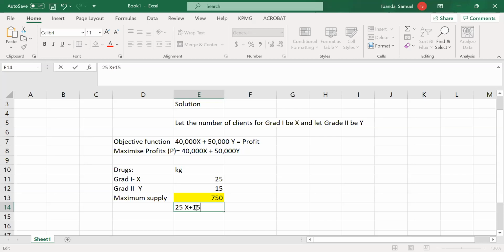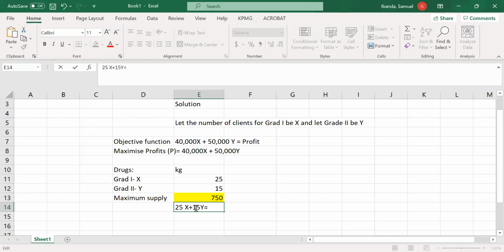15 times Y. So Y is the number of patients that we need to serve under grade 2. So when you multiply by 15, which is the required kgs of drugs for each patient of grade 2, that will give you the total kgs of drugs that we need for patients under that category.